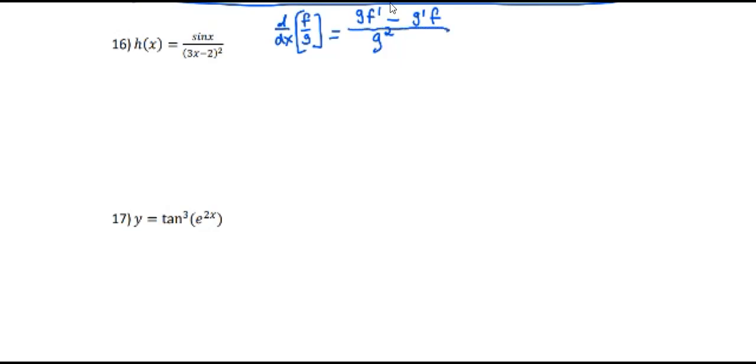So now g of x is equal to 3x minus 2 squared, and f is equal to sine of x. The derivative of g, we'll need this. Again, this is a composite function, so you take the derivative of the inside.